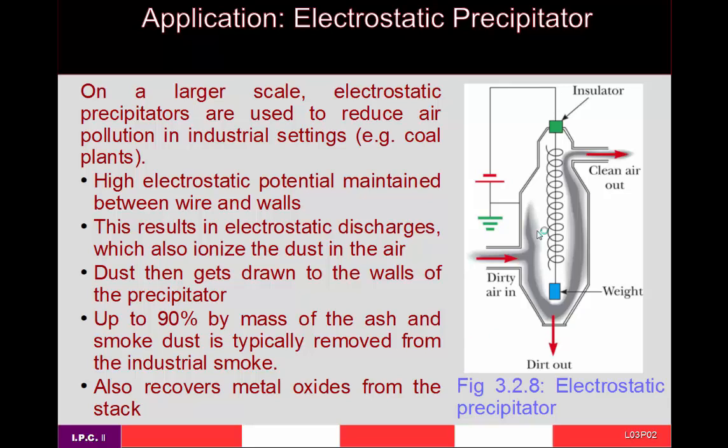And then the other thing is that within this ash and soot and smoke, there are often metal oxides that have been created, which are actually maybe valuable to the people running this plant. So they're able to recycle those. And by recycling this metal oxide, they reap a little extra profit. And in exchange, you have cleaner air going out of the smokestack.